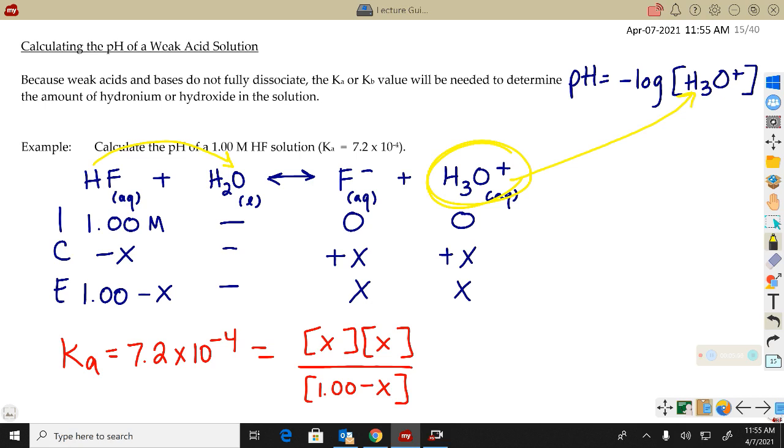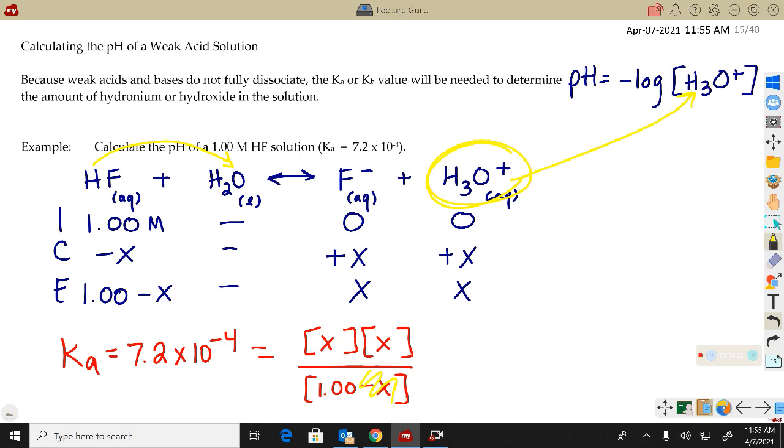It says that if your K value is so small, yes, we're shifting forward, but we're not going to shift forward by much, which means X is really small. Maybe X ends up being so small that in 1 minus X, the minus X is insignificant. I'm expecting X to be really tiny.